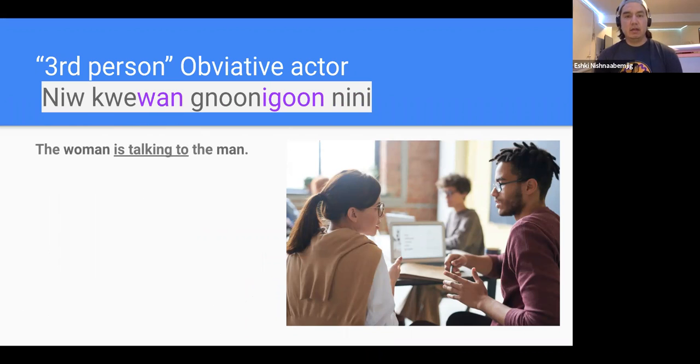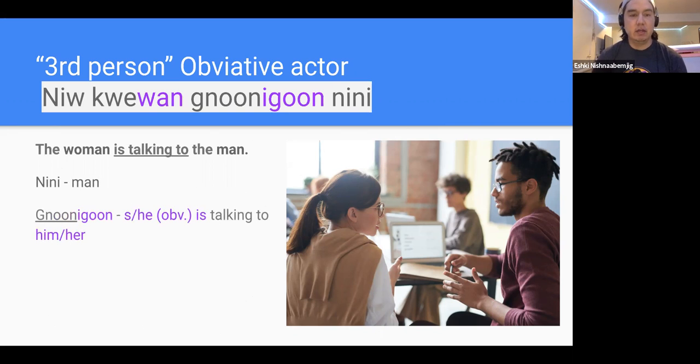So if I wanted to keep the woman obviative and say that she's talking to the man, I'll say niyo koyawan ganunagon nene. So nene, man, ganunagun. So it changes from on to agun. He, she, obviative is talking to him or her.